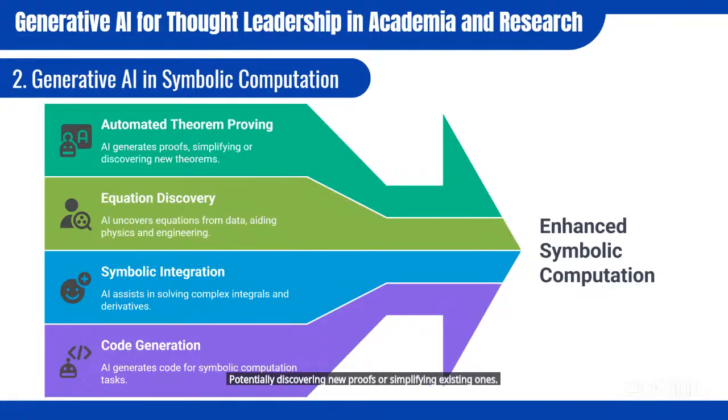Given a set of data or observations, generative AI can be used to discover underlying mathematical equations that describe the system's behavior. This is particularly useful in fields like physics and engineering, where governing equations may be unknown or complex.